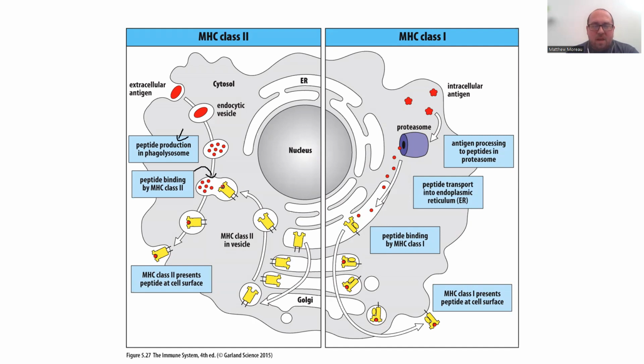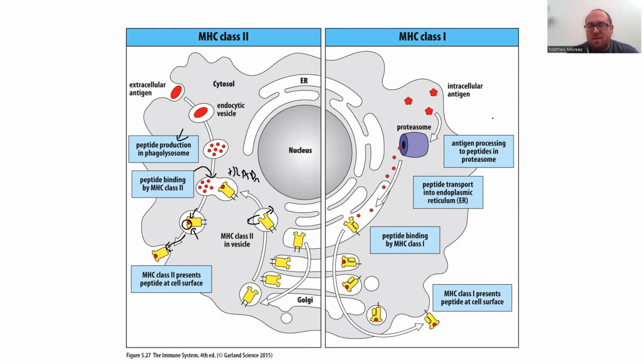The CLIP protein that remains from the invariant chain has to be removed by HLA-DM. HLA-DM allows for the alpha subunits, for the beta subunits, to separate. And then when the right peptide comes in, it recollapses those subunits, and then it is trafficked as a peptide-bearing MHC molecule to the cell surface.